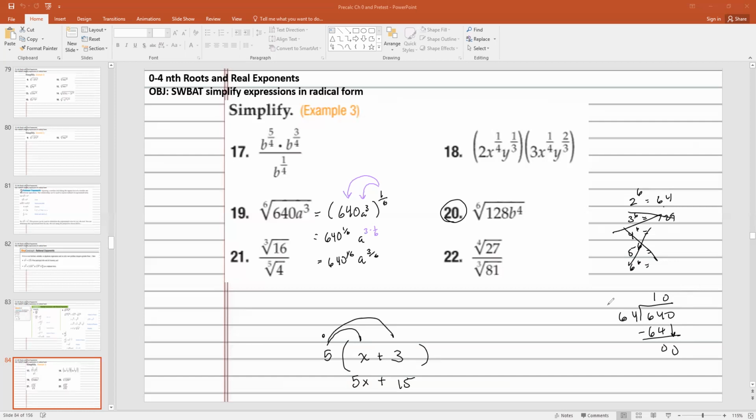So you're probably wondering, what does that mean? Basically, I'm going to write this as a 6th root, because I like it like that. So I'm going to write this as the 6th root of 640. I'm going to write 640 as 64 times 10. 64 times 10 is 640.